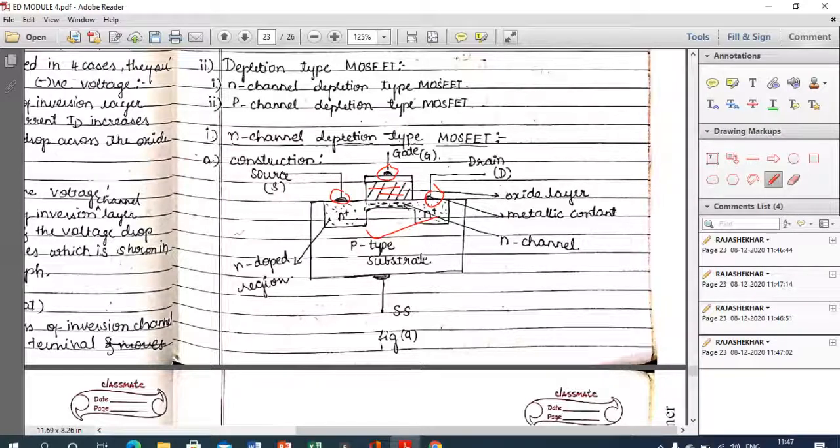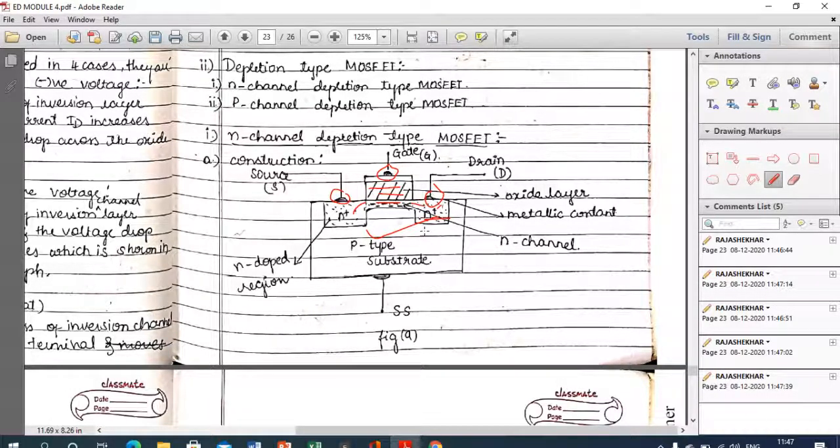Now look at this. When I compare this with the enhancement type, in the enhancement type there is no channel at the beginning of the construction, but here there is already a channel formed between the two n-doped regions, as shown here. This is the channel where the charge carriers are electrons, because for the n-type region electrons are the majority charge carriers.